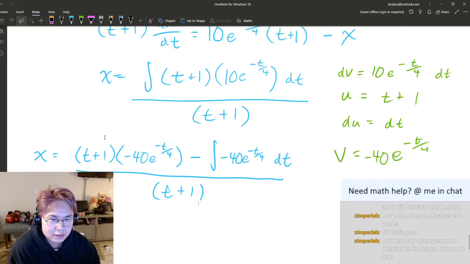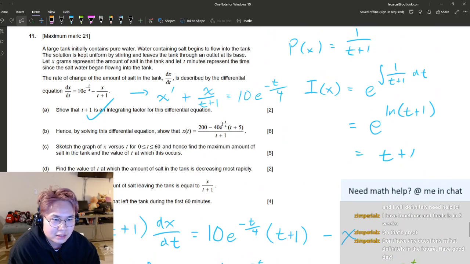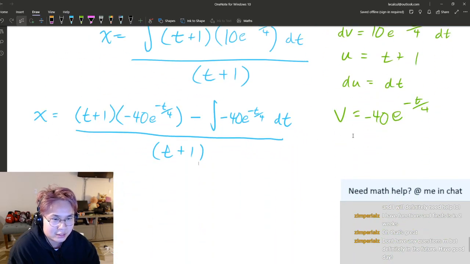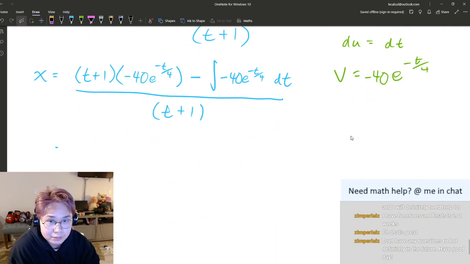And then, does this show up in the answer? And it kind of does. So it looks like I'm heading in the right direction. I'm going to leave this as it is for now and deal with this integral.